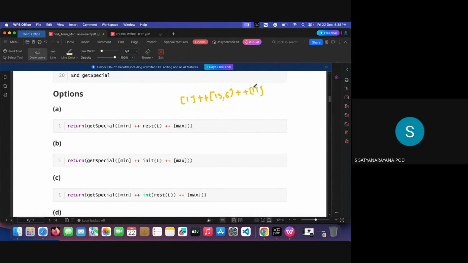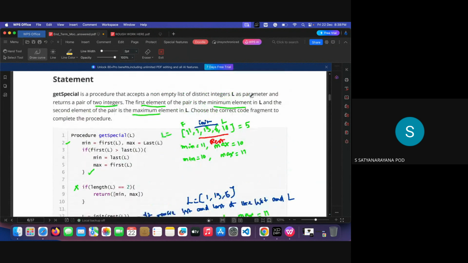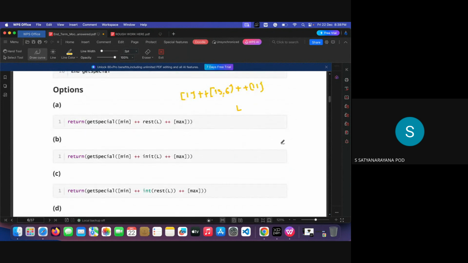So whenever this is taken, one complete list is framed. One list is framed means it looks like the latest L, because again it is called from here. Again it is calling itself because it is a recursion call. So my list contains the updated list of 1, 13, 6, 11.